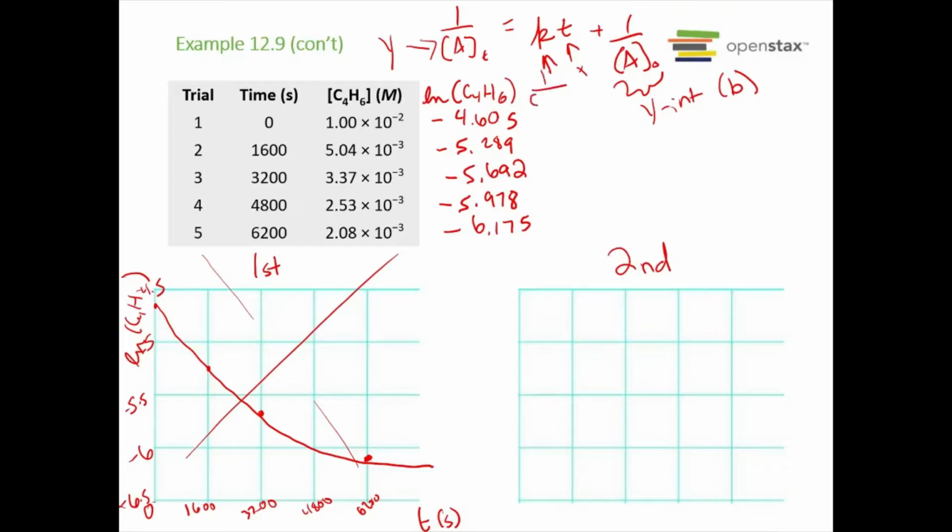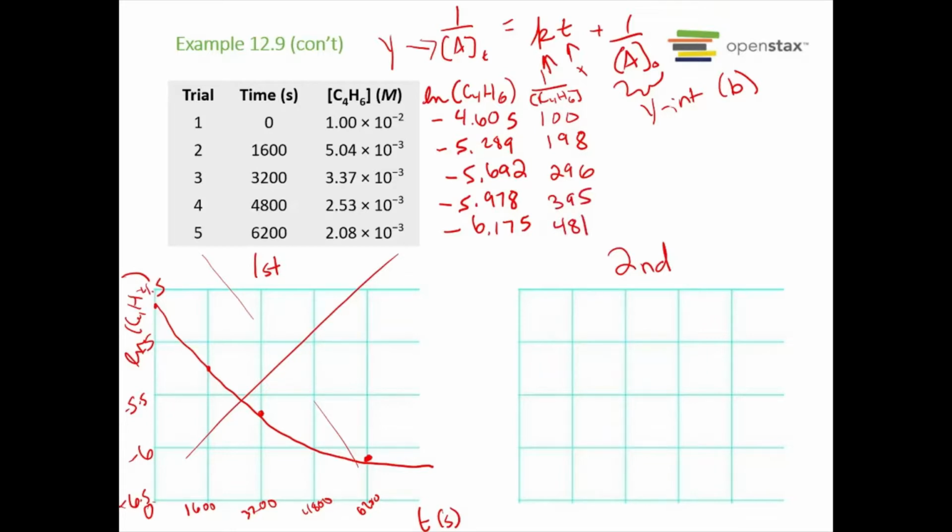So in this case, 1 over the concentration of C4H6. So we do that, the concentration at time 0, 1 over 1 times 10 to the negative second is 100. At 1600 seconds, we have 198, and then 296, 395, and 481.